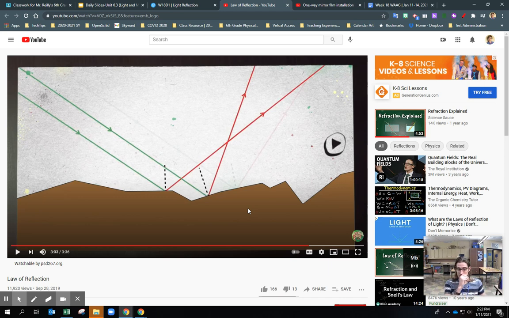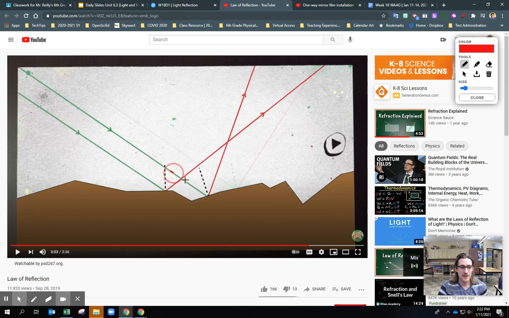But actually, if we were able to zoom in with these microscopic eyes to see things at this close of a level, we would see that it is, in fact, continuing to bounce in that predictable direction, that incident ray coming in, bouncing at an equal and opposite reflected ray from normal. Always.